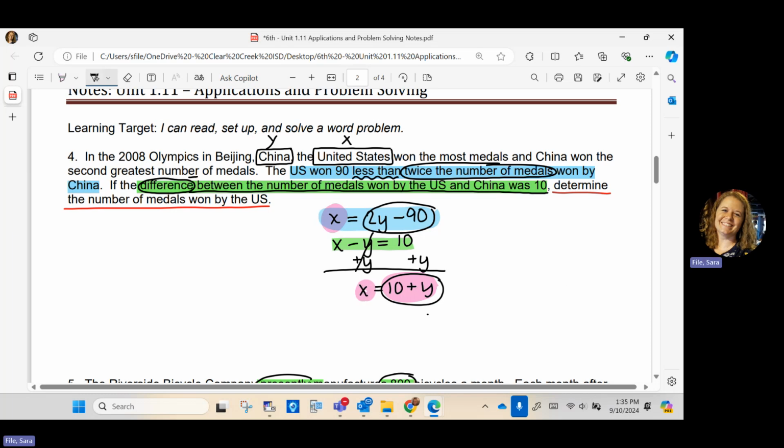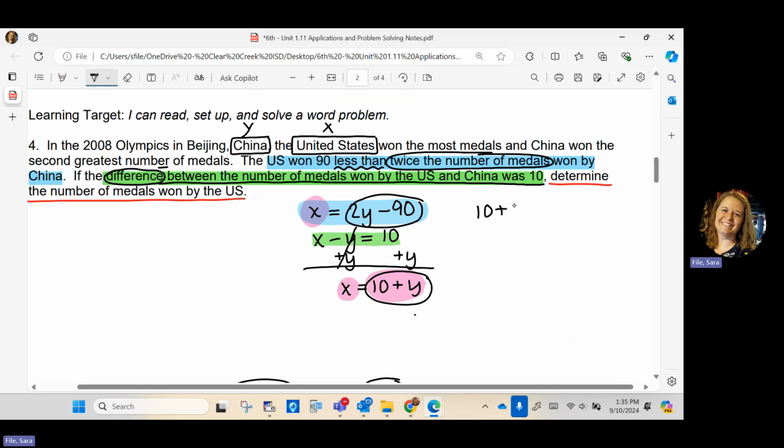So I'm going to write that 10 plus Y equals 2Y minus 90. Now I have an equation with only one variable. Now I can solve.